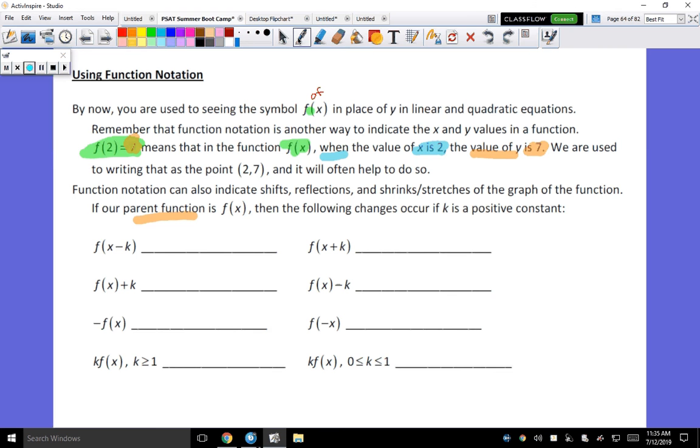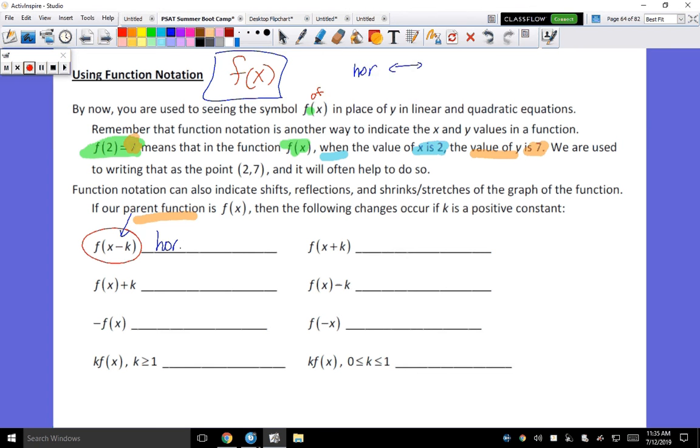Okay. So what is the parent function of this? What is the parent function of all of these? F of x. This is where we start. So we don't have an equation per se, but we have the function notation. And what change just occurred? It was a shift. Horizontal. So the first word is horizontal or vertical.